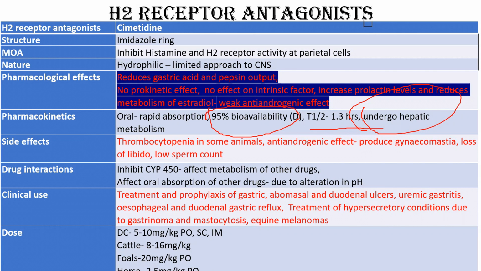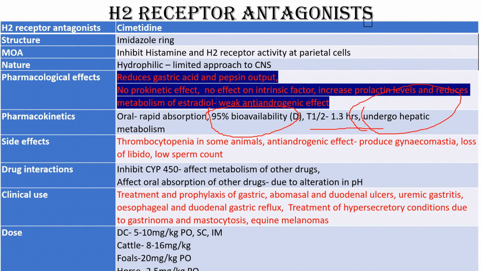A specific characteristic of cimetidine is its effect on cytochrome P450. It inhibits these enzymes. And why is this important? Because cytochrome P450 enzymes help in the metabolism of substances, drugs, or any xenobiotics. As cimetidine inhibits cytochrome P450, it affects the metabolism of other drugs.